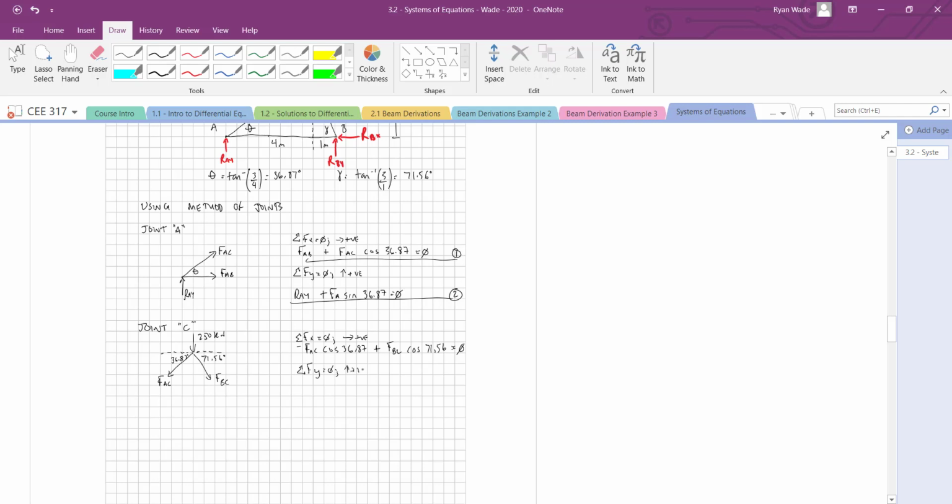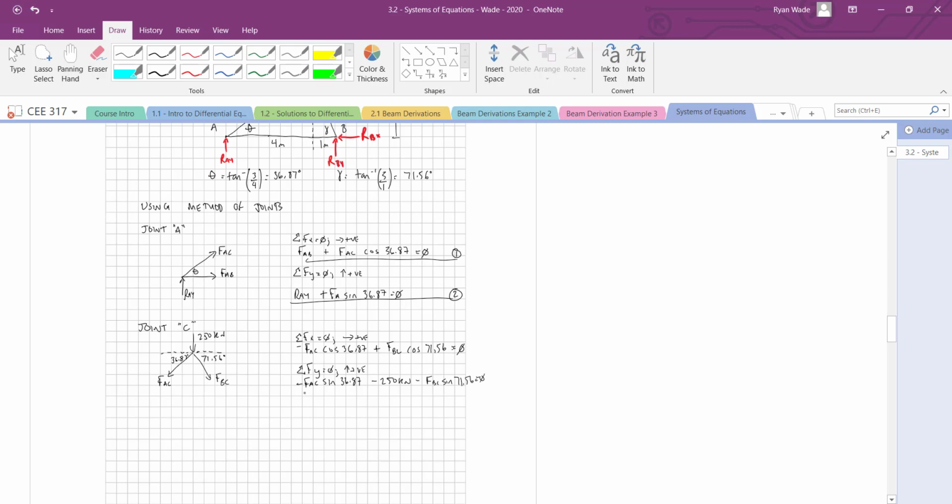Up is positive. And I'm going to have negative FAC times the sine of 36.87 minus 250 kilonewtons minus FBC times the sine of 71.56 equals 0.